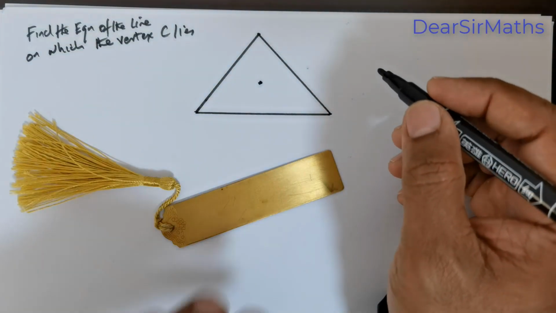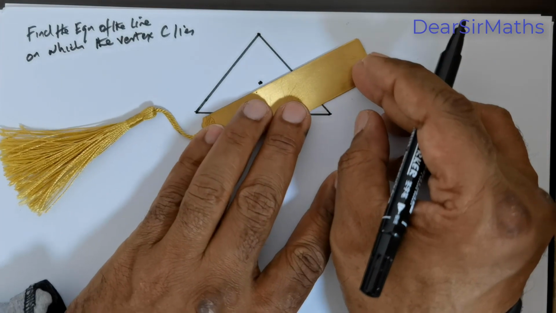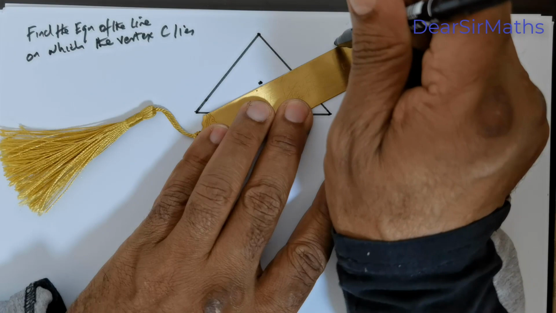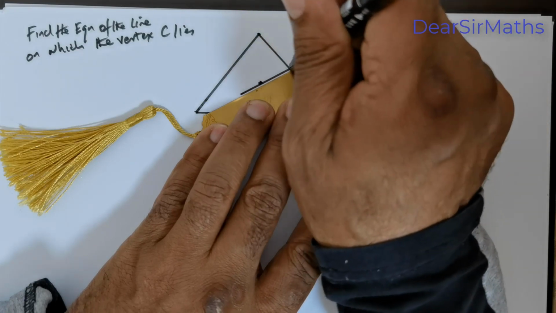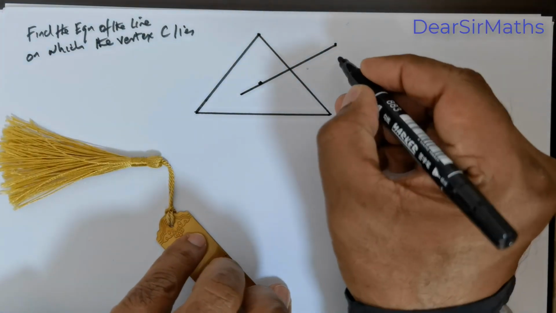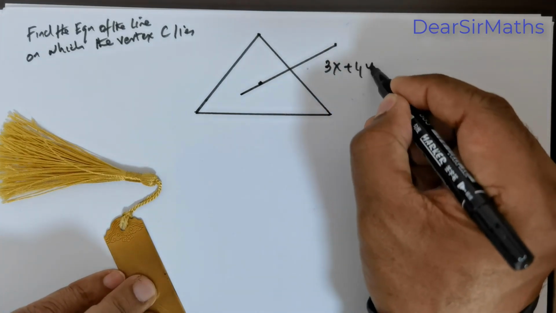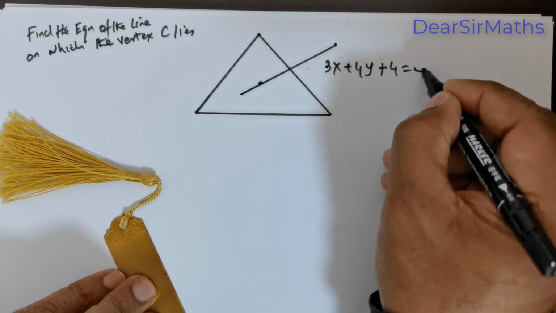I will put in the coordinates within a few minutes, and it's stated in the question that the centroid is lying on a line, and that line is given as 3x plus 4y plus 4 is equal to 0.